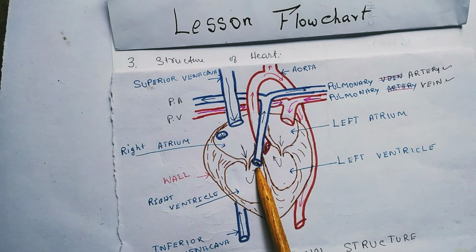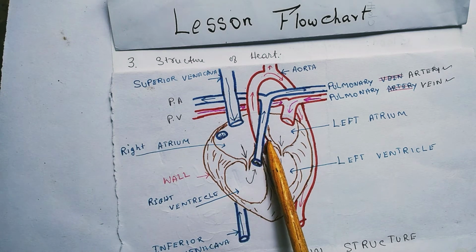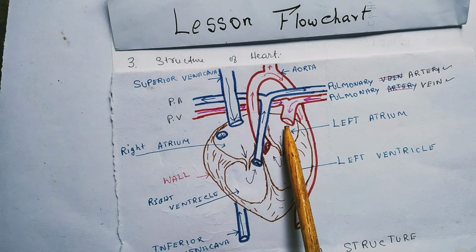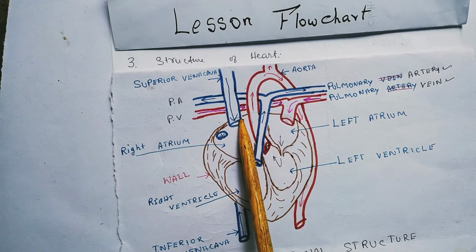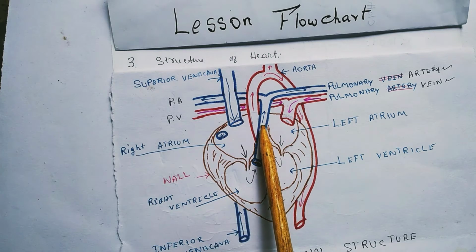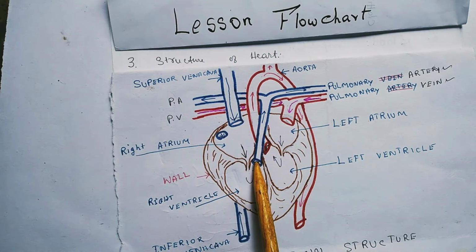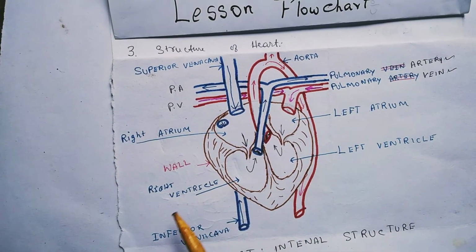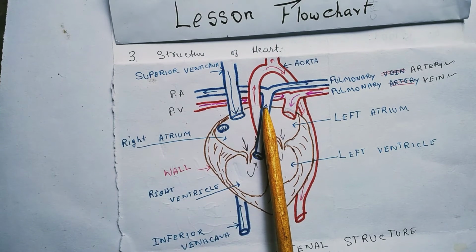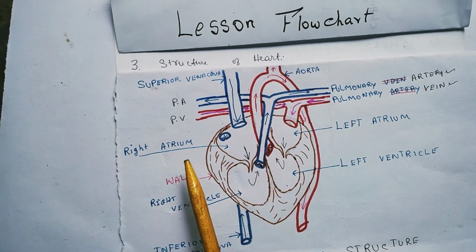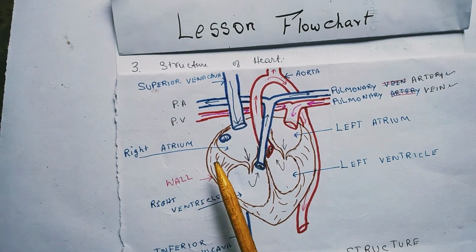Now look at these pipes. There are 4 great pipes, 1, 2, 3 and 4. We will study them in detail. These 4 great pipes are the 4 great blood vessels.